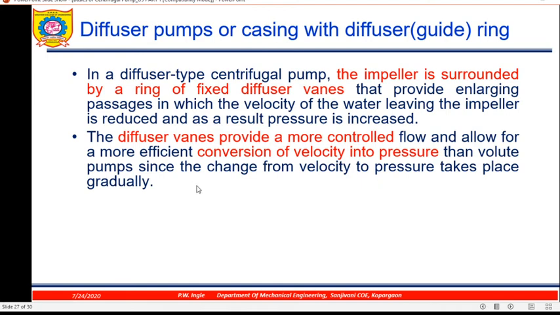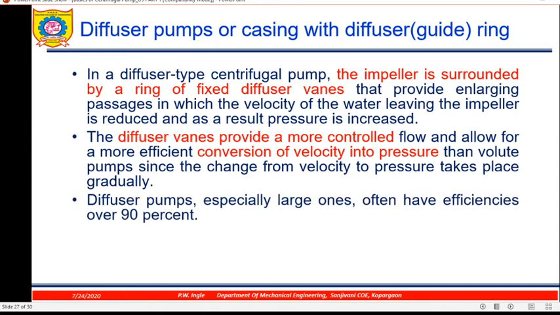Because in volute pump, the water at kinetic energy from the outlet of the impeller is suddenly discharged in the casing. But here it will go to the diffuser ring. And therefore some conversion is taking place in the diffuser and some remaining is taking place in the casing.